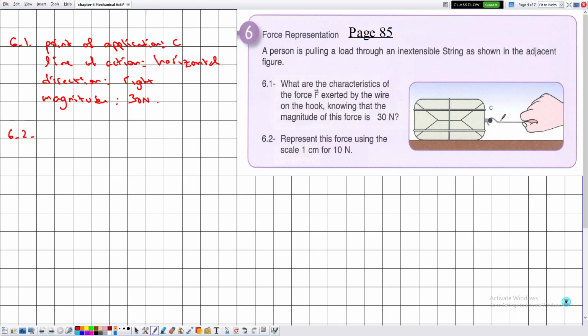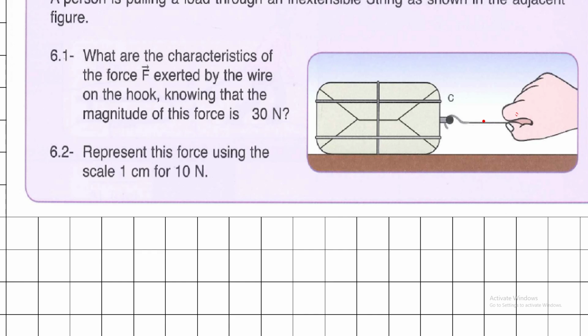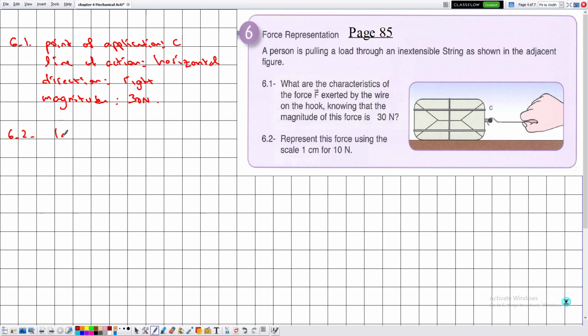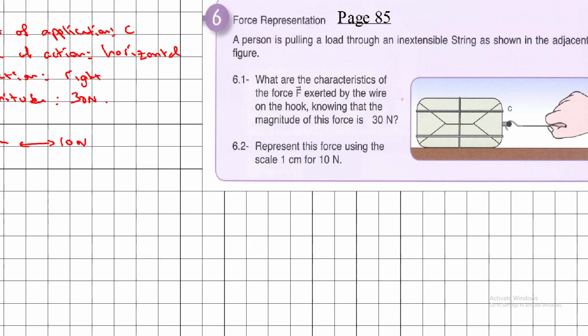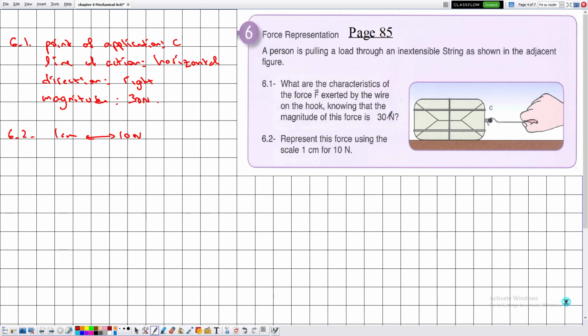Now in 6.2 they are telling me represent this force using the scale 1 centimeter for 10 newtons, and by represent it means that we need to draw. So now each 1 centimeter corresponds to 10 newtons. We need to draw the force vector corresponding to 30 newtons. Now we place the newtons under the newtons, so this is 30 newtons. It corresponds to which length?